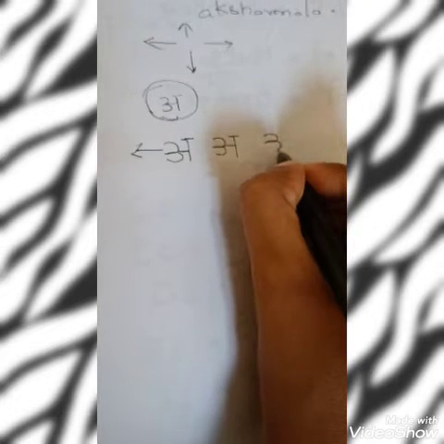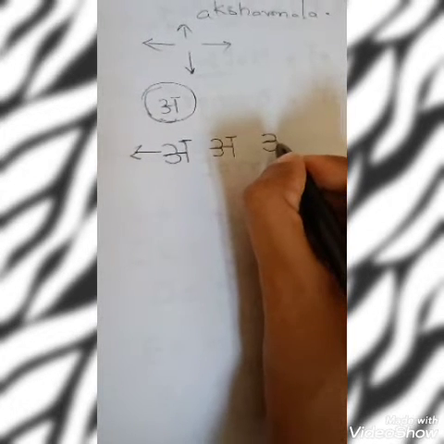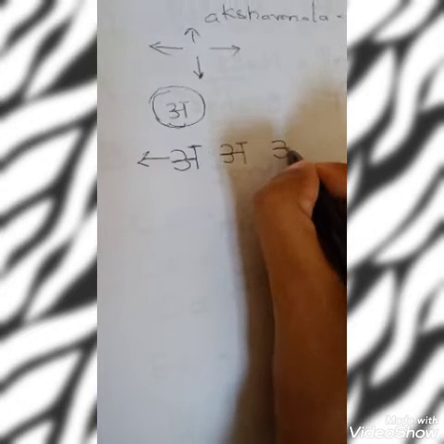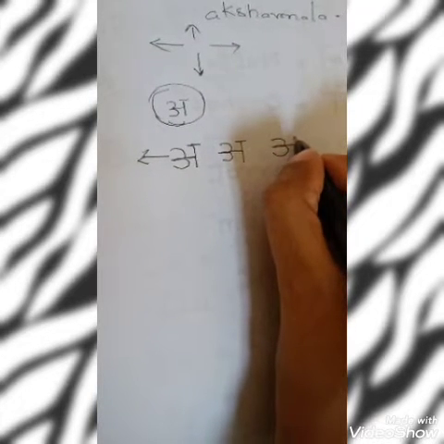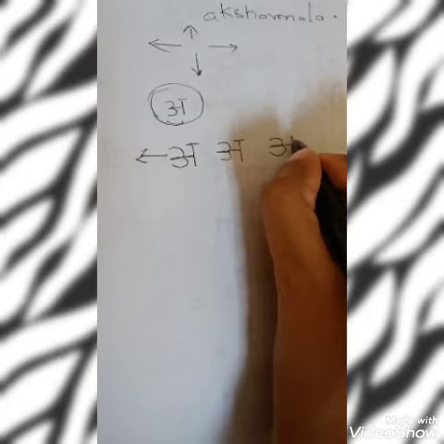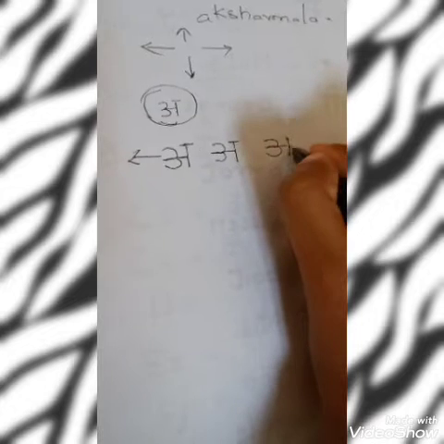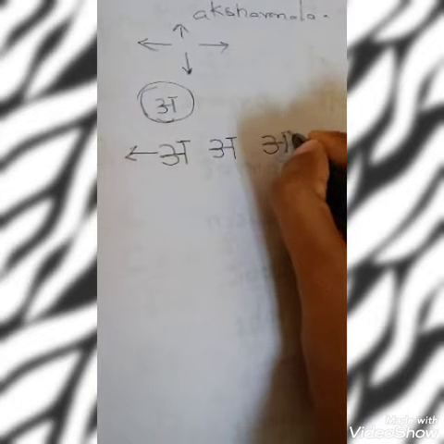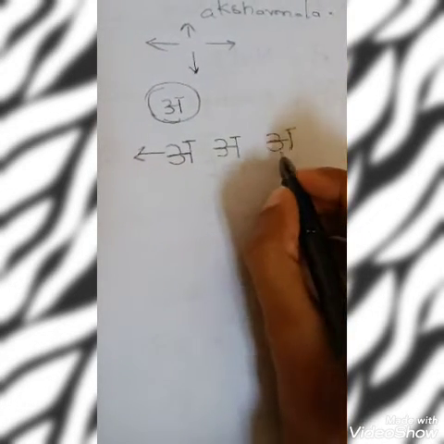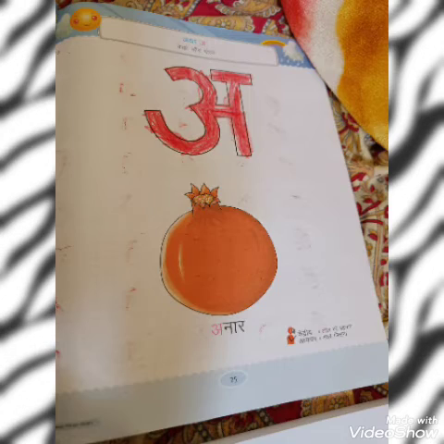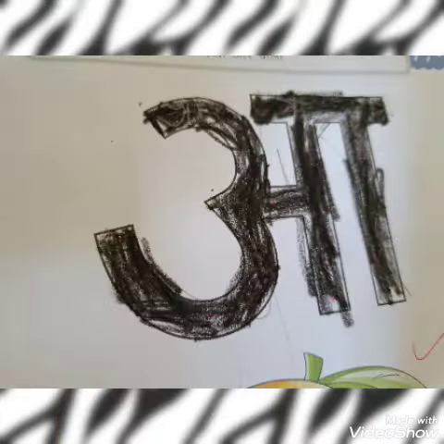That's how we will be making Akshar A. A can be easily made with number 3 and one sleeping line and one standing line, and finally the sleeping line is common. A say anar.